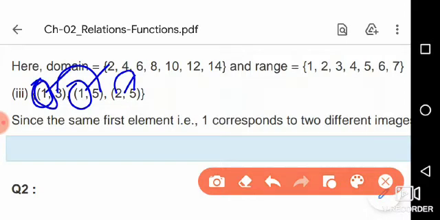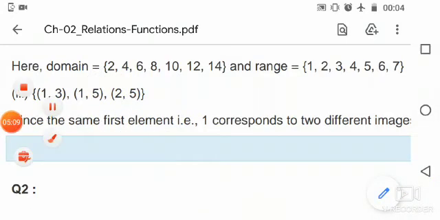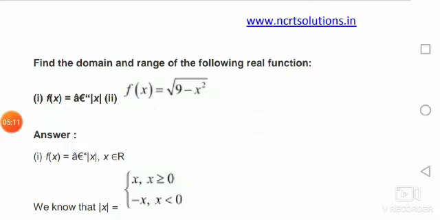Since the same first element 1 corresponds to 2 different images, this relation is not a function. If it is not a function, then we are not supposed to find the domain and range. These are simple examples which are expected in the examination for 1 mark. Moving to the next question.